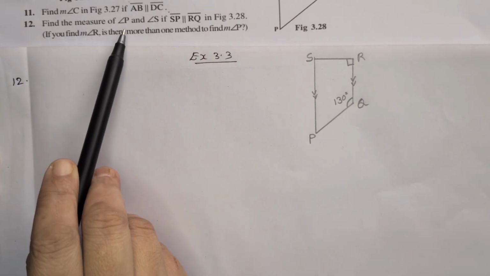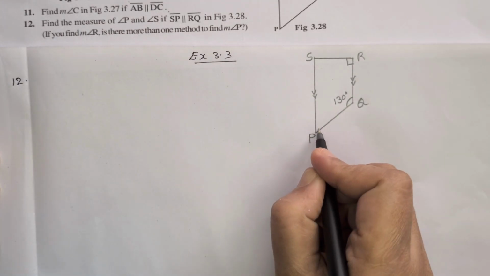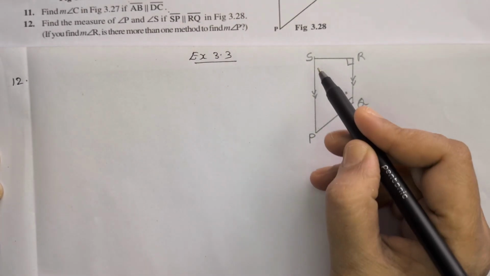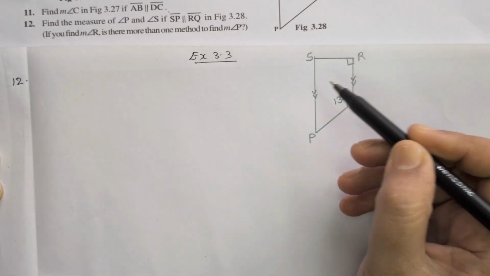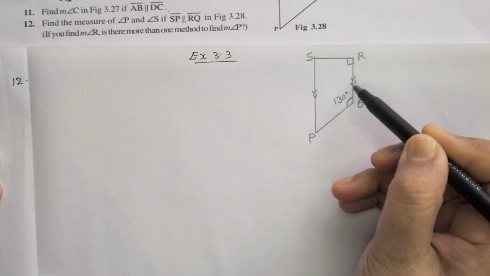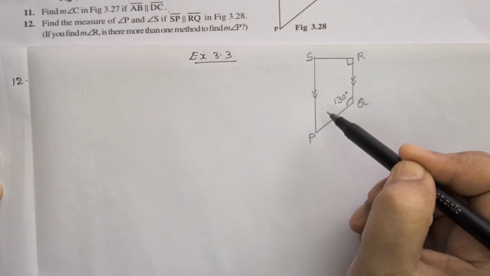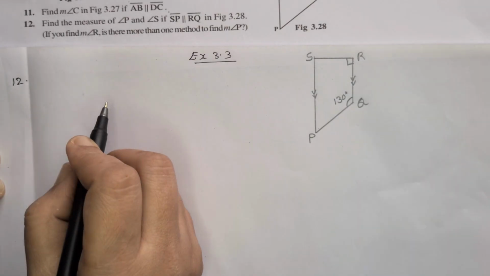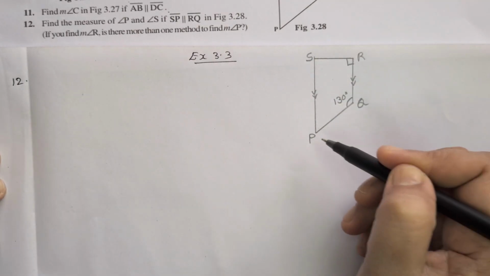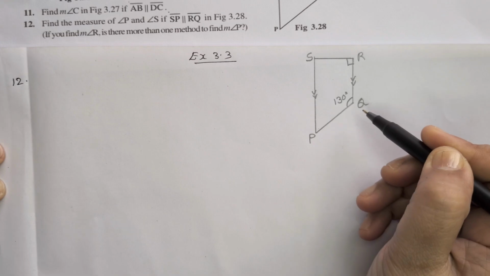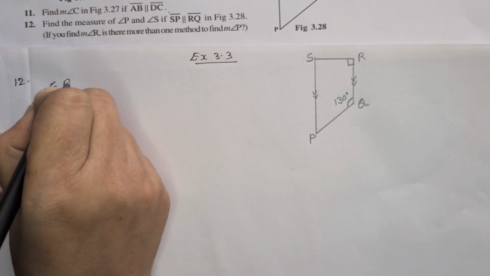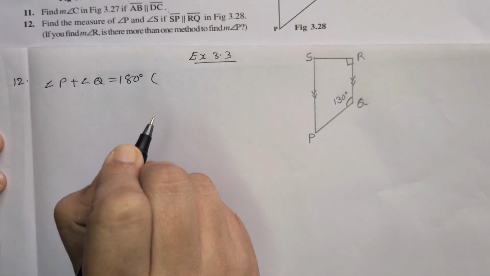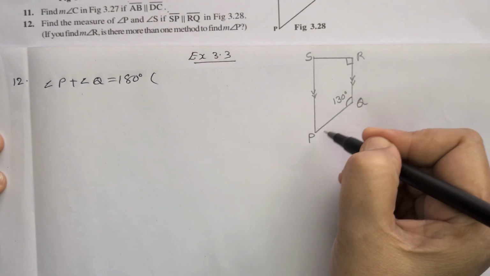Question number 12. Find the measure of angle P and angle S. If SP is parallel to RQ, these two lines are parallel, then find angle P and angle S. We can see here these two lines are parallel, then angle P plus angle Q is equal to 180 degrees. The reason is angles on the same side of a transversal.